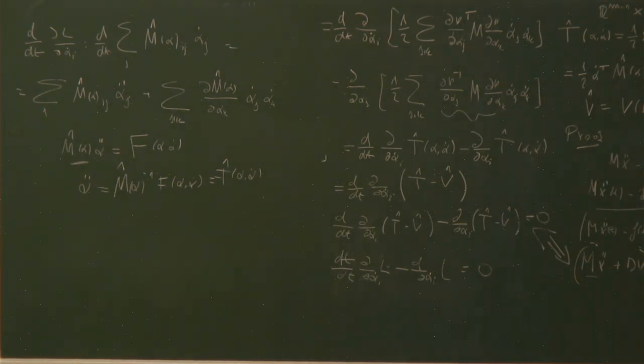So, are there any suggestions why this matrix should be non-singular? Well, use what you know about those dp over d alpha i. This is a basis in the tangent space. That means that those vectors are linearly independent.